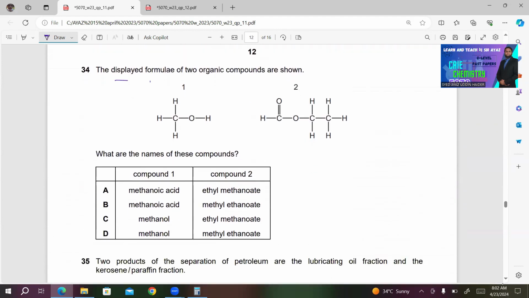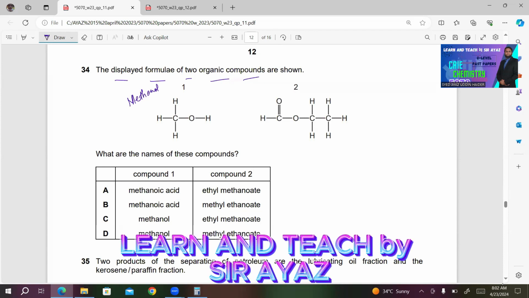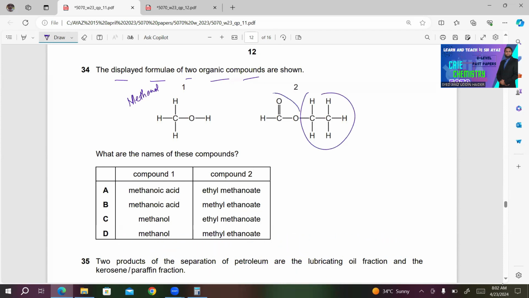34. The displayed formulas of 2 organic compounds are shown. 1, it's methanol. 2, it's an ester. Here you have an ethyl group and this is methanoate. So you write ethyl methanoate.